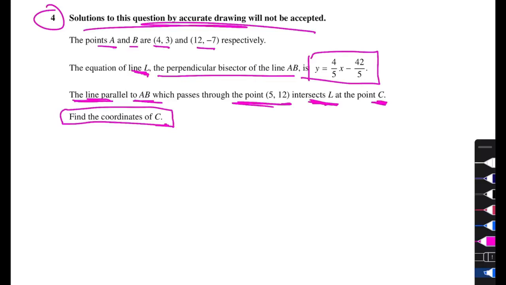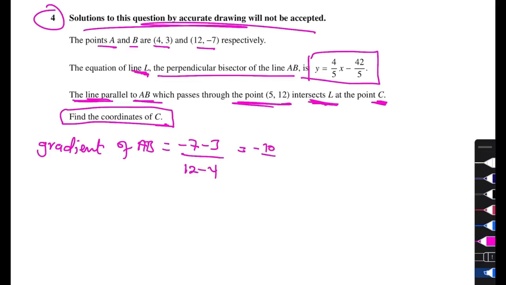So the gradient of AB will be equal to -7 minus 3 over 12 minus 4, giving us -10 over 8, which is -5 over 4.